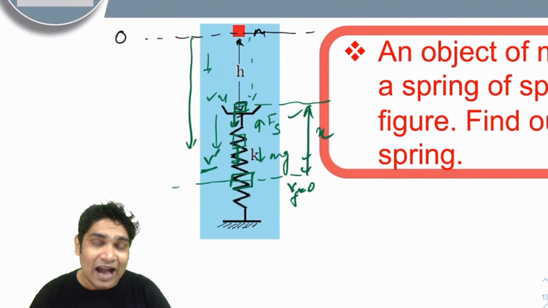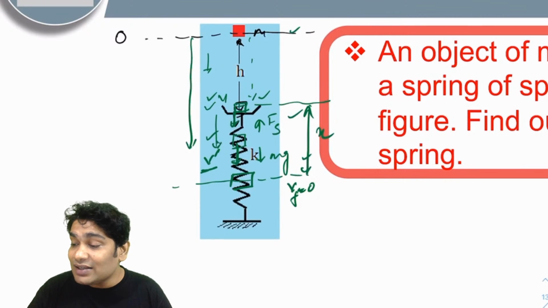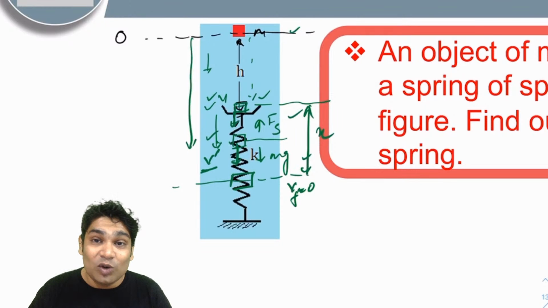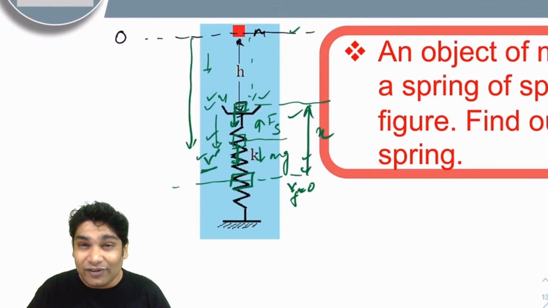So once we have analyzed the situation: from here to here, free fall under gravity. From here to here, there was still a net downward force, so it kept on accelerating. Then this is the point where Fs became equal to mg. So the net force was zero, but there was still some velocity, let's call it v dash, which will push it further down.